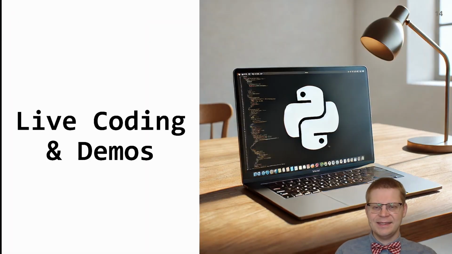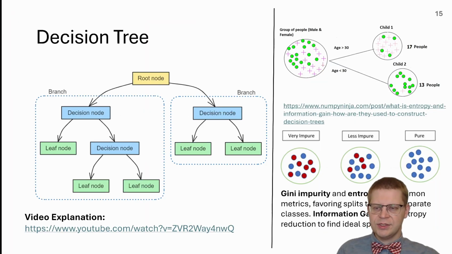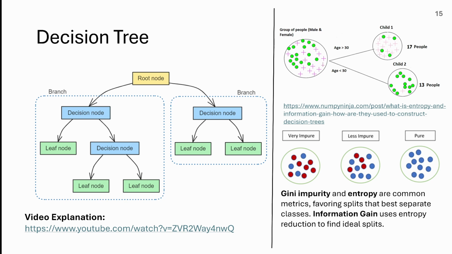Welcome back, and let us continue. Just to remind you what a decision tree is. It consists of several elements. The root node is the starting point of the tree at the top, represented by a yellow box here. It represents the initial decision to split based on a feature.